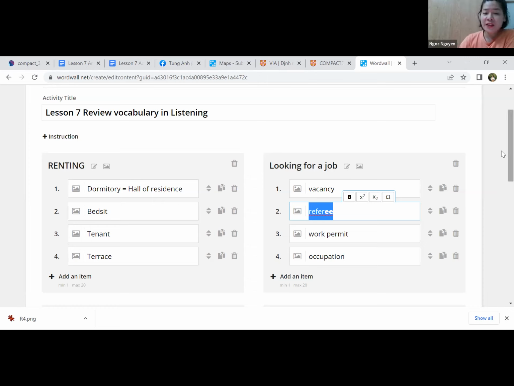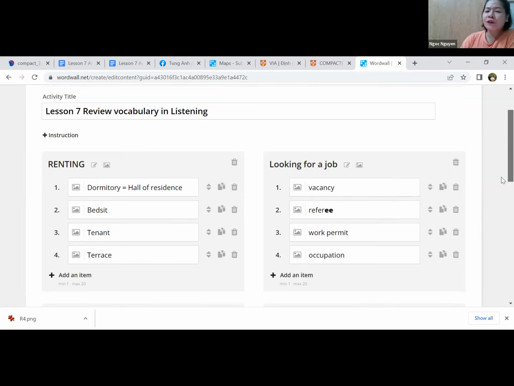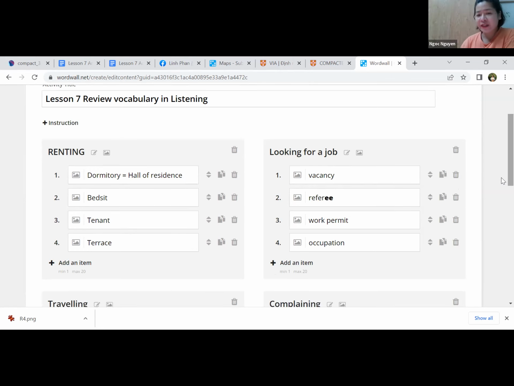But here in the context of looking for a job, a referee, Ling, is someone who knows you very well, and that person can provide some reference about you. Yeah, I understand. So now, Ling, if you were writing a profile or CV to apply for a job, who would you put in the contact lists as your referees? I think maybe my former boss or my professor.